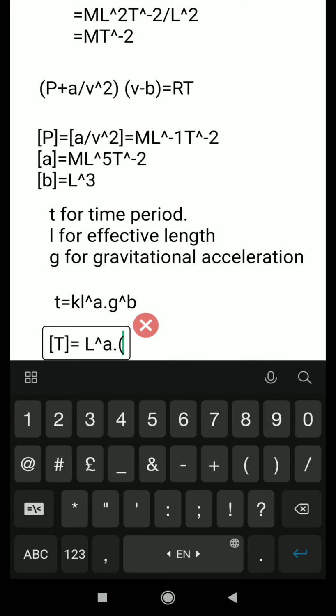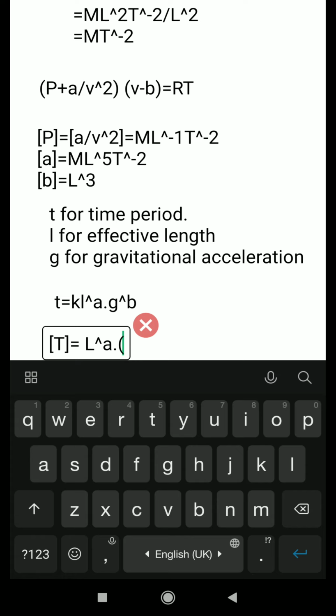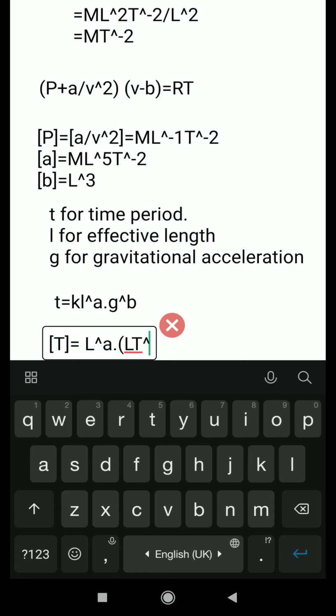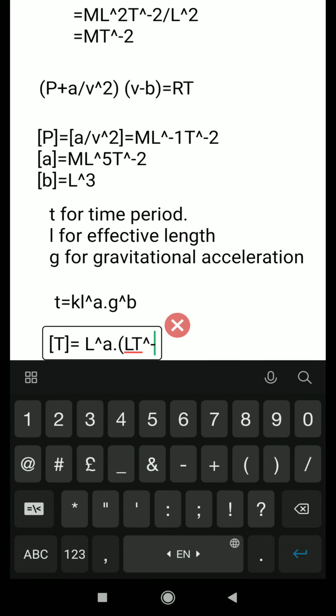You have to write it in third bracket. I am giving first bracket for my ease. LT to the power minus 2. Clear? L to the power a into LT to the power minus 2.